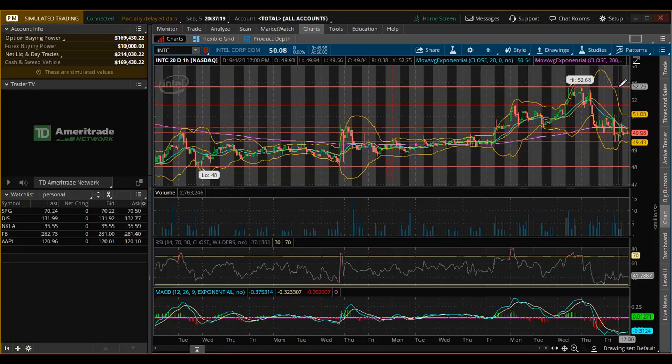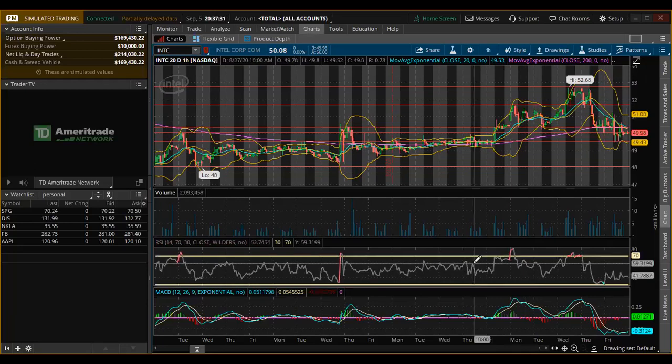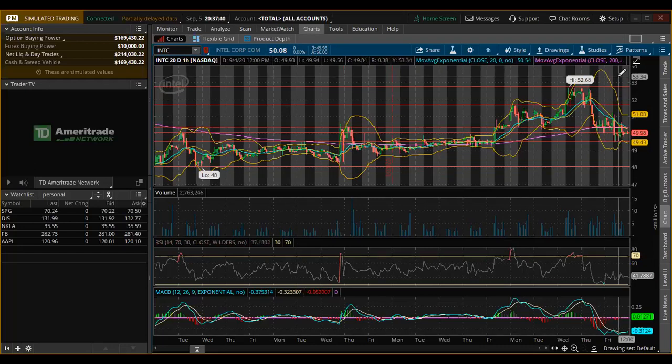If it went over $52 this month, I'd probably look to sell it if it shoots. So if it shoots up to $52 or 53, 55, I'd keep an eye on it. If it's slowly going up to that, I'd probably start considering to sell.